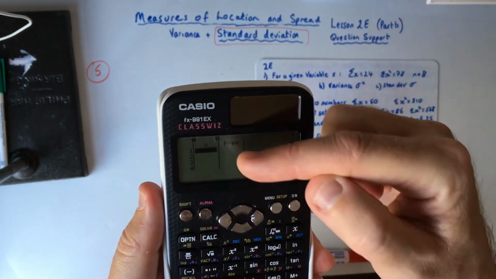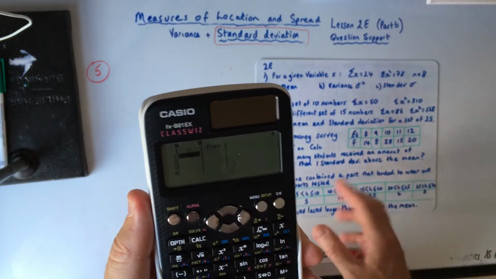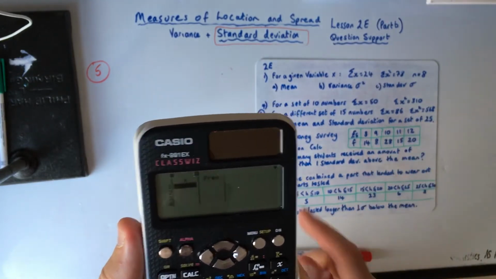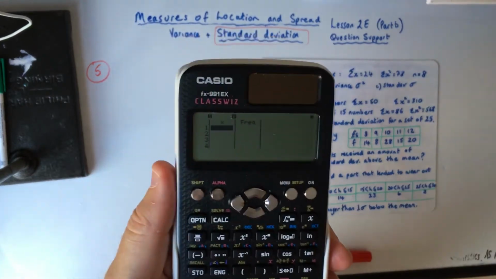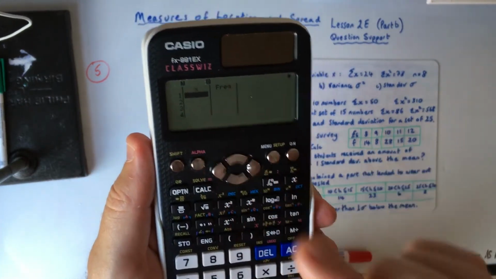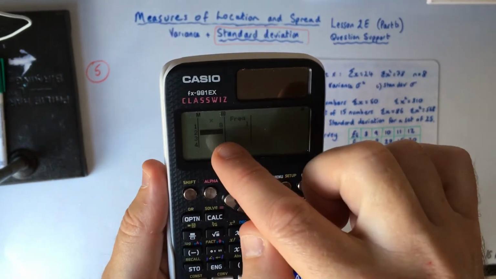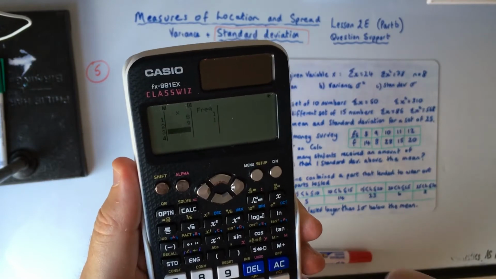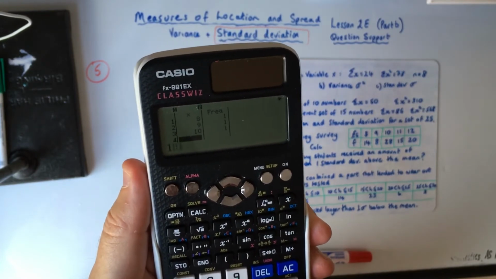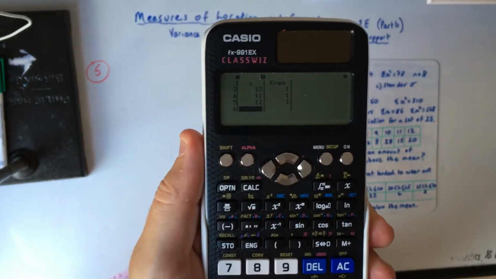And it automatically puts a frequency of 1 as if they were just single numbers, 8, 9, 10, 11, 12. In other words, if you just had 5 kids, but we've got more than 5 kids, we've got all of these here. Okay, so you just put those numbers in, so you press 8 for that first one and you press equals and it automatically moves down, so we put these numbers in first. So 9 equals 10 equals 11 equals and 12 equals. There you go, put those in.